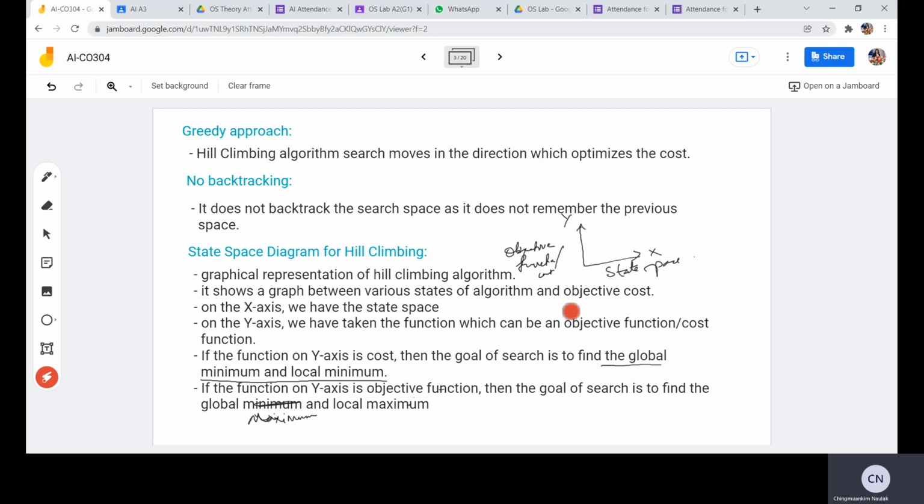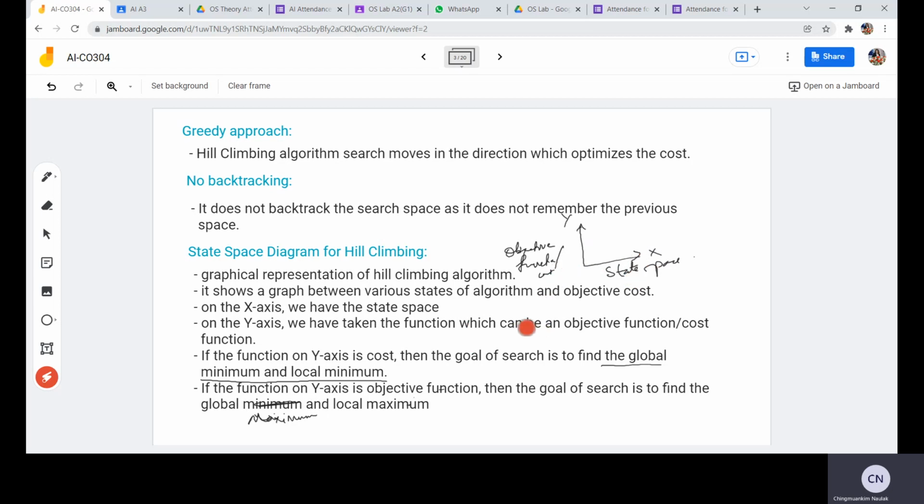For example, as you can see here, I'm drawing this. On the x-axis, we are taking the state space, and on the y-axis we have the objective function.